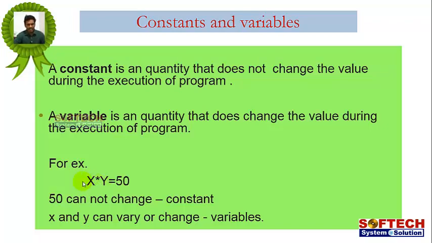So the x and y values vary at the time of execution. So x and y are called variables, 50 is called a constant. A constant cannot change at the time of program execution, but a variable can. But both help to handle the data.